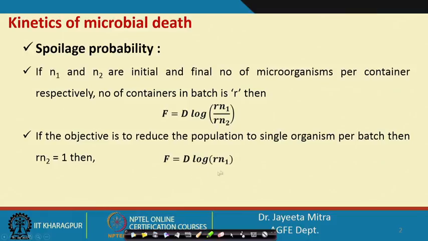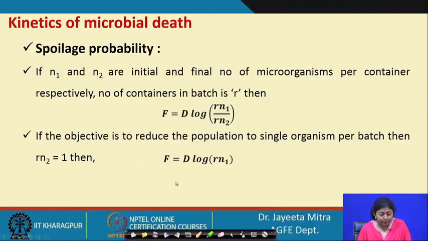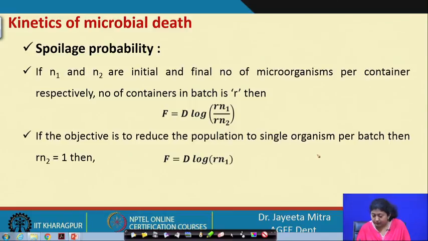So, from here if we calculate 1 by R, that indicates the chance of 1 container spoilage out of all R, right. So, that means finally we want to calculate 1 by R, that means the chance of spoilage of 1 can out of the R number of cans.